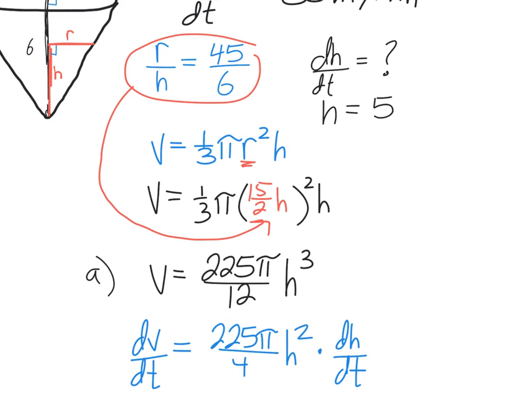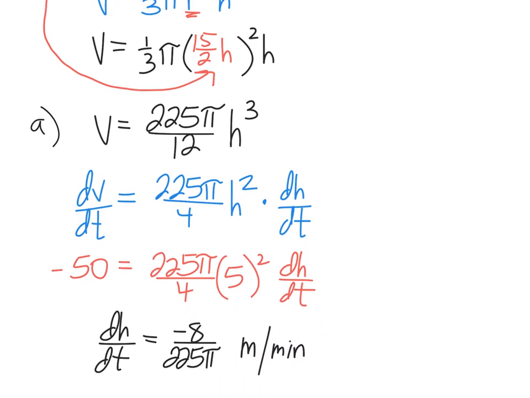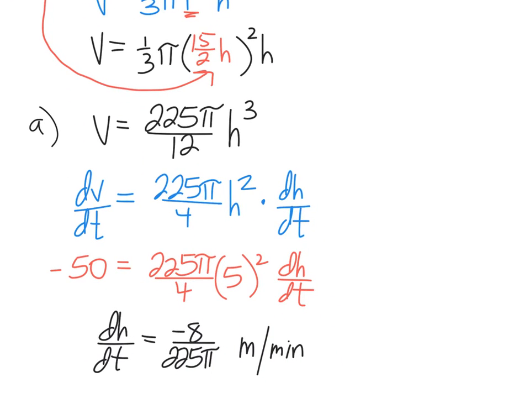Because they flat out say, give your answer in centimeters per minute. So they weren't really being mean there. If they had said something like, you have a conical reservoir with base radius 45 meters and a height of 6 centimeters, then they tuck it in there, that's when they're being a jerk. In this case, it's not that bad. But it's still like, I didn't want to do that. Still don't want to do it.